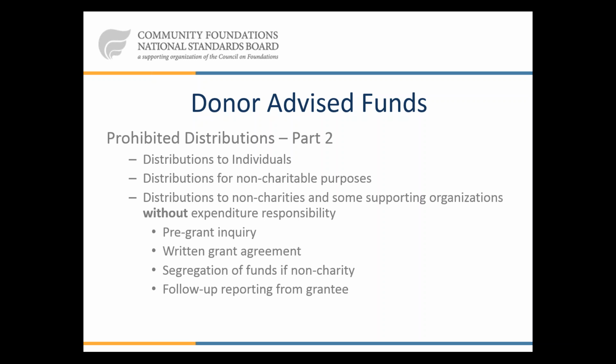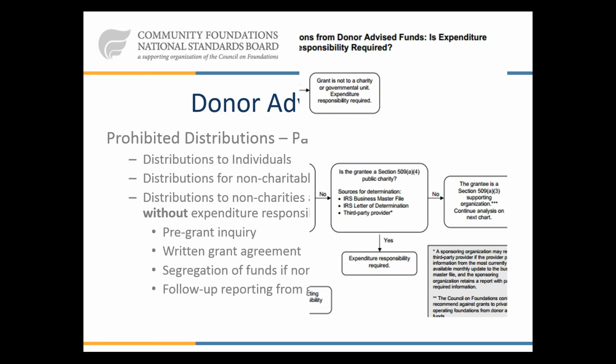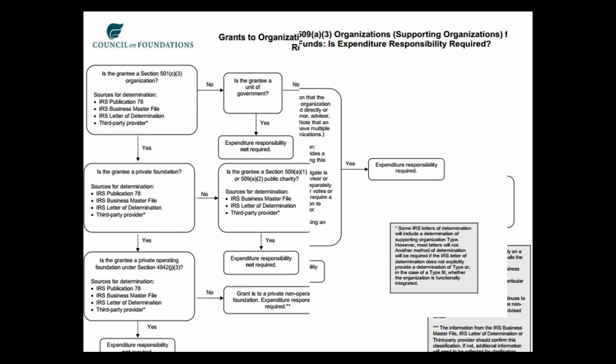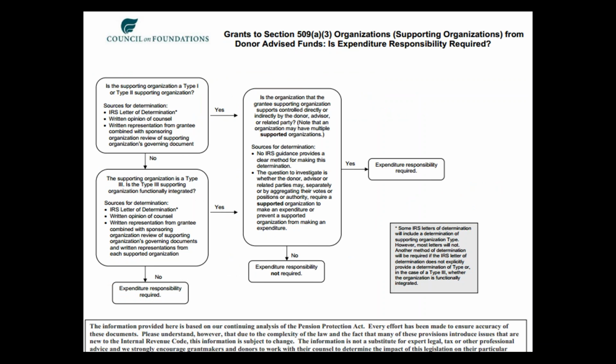And so you see here the 4 steps of expenditure responsibility, and whether a grant requires expenditure responsibility or not is provided for you in a chart on the website that the Council on Foundations has made and that we see a lot of you use in your submission process.